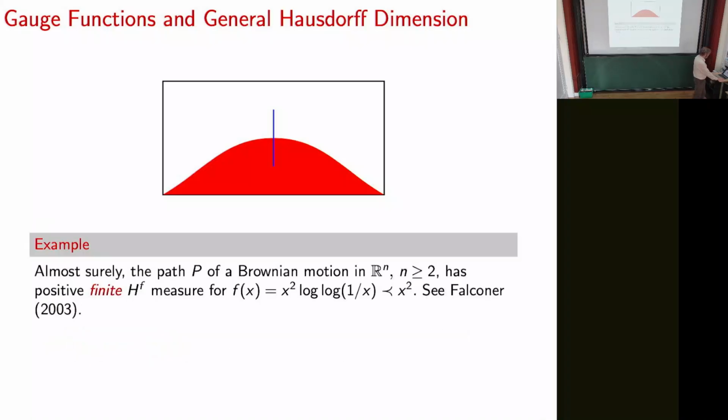Okay, so here's an example. This example of Brownian motion. Almost surely the path of Brownian motion in R^n has finite positive H_f measure for f of x equal x squared log 1 over x. Okay, so it has Hausdorff dimension 2, but there's more information there.